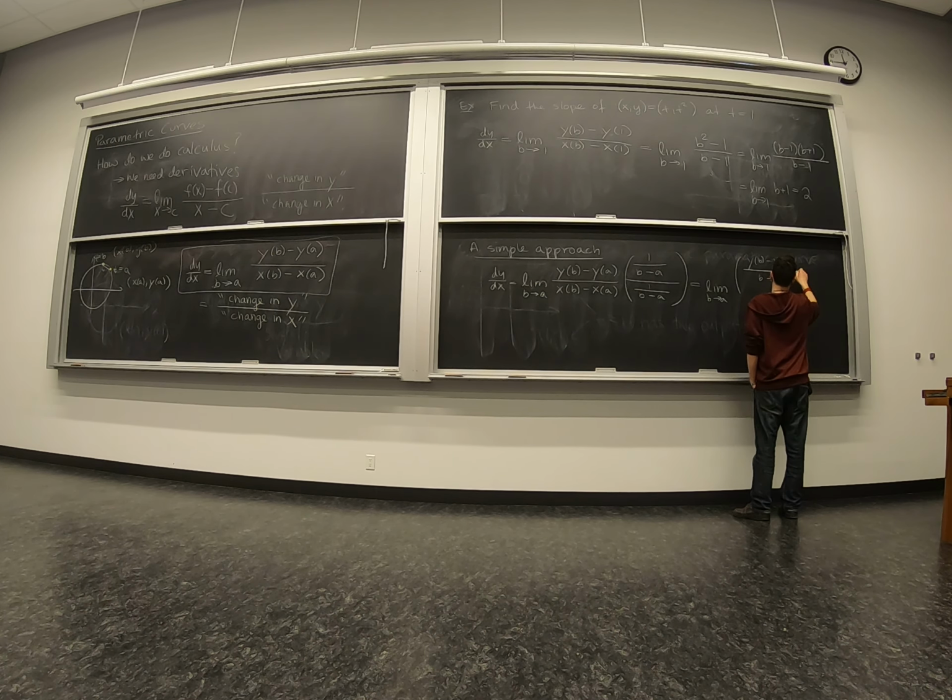Okay, so if we can get the derivative of y and the derivative of x, we can combine them together to give us the total slope.